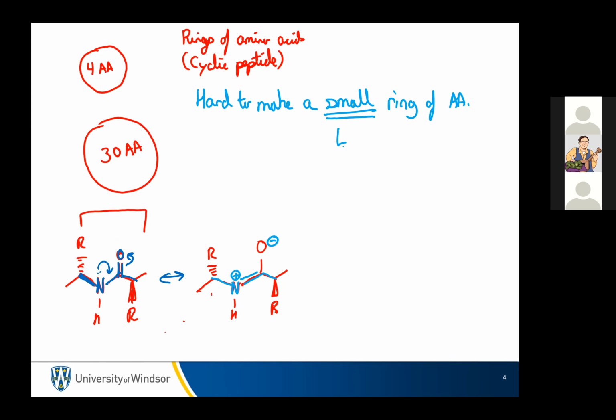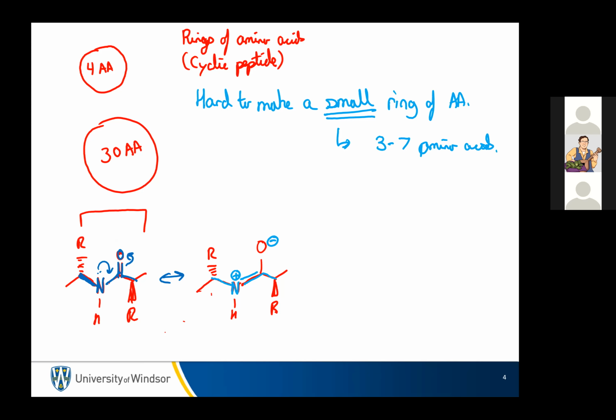And how do I define small? About 3 to 7 amino acids. It's a lot easier at 8. And at 8, suddenly, 8's kind of like the sweet spot where the things aren't very far apart, but you have enough flexibility in it that it can spin around and form a ring.